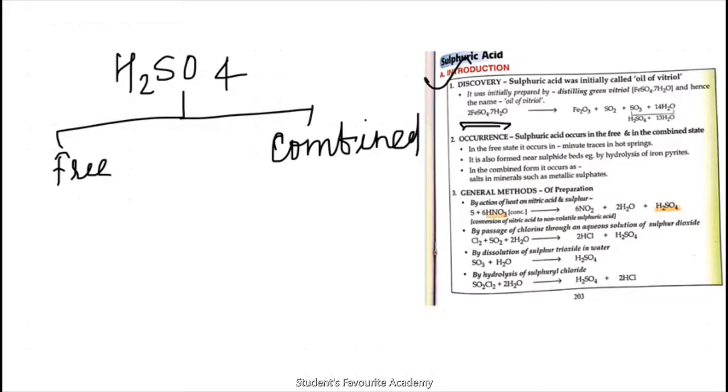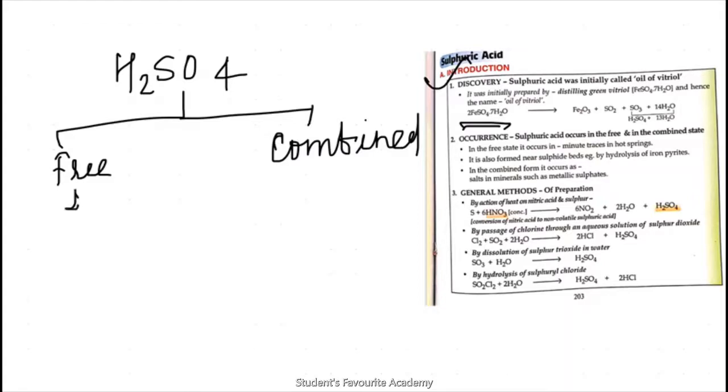Of course these are the 2 possibilities, children. Either a compound can be found in the free state or in the combined state. So in the free state, it occurs in minute traces in hot springs. You must have studied about hot springs in biology. It is found in minute traces, meaning whatever hot springs are there, traces of sulfuric acid are formed in them.